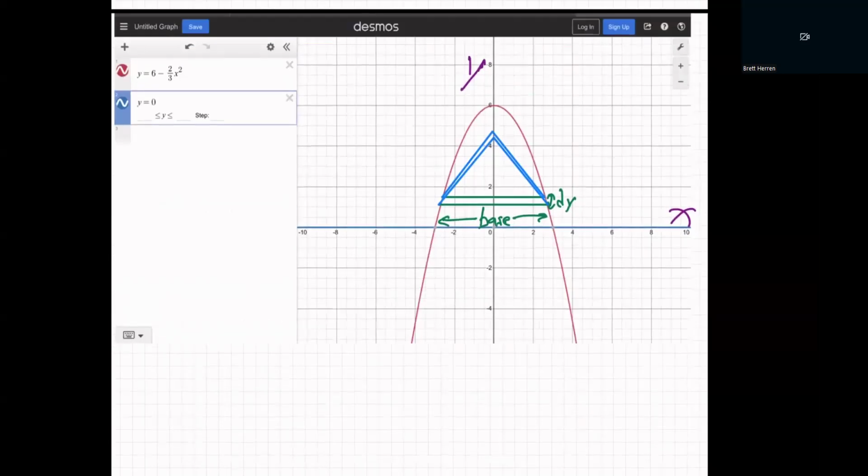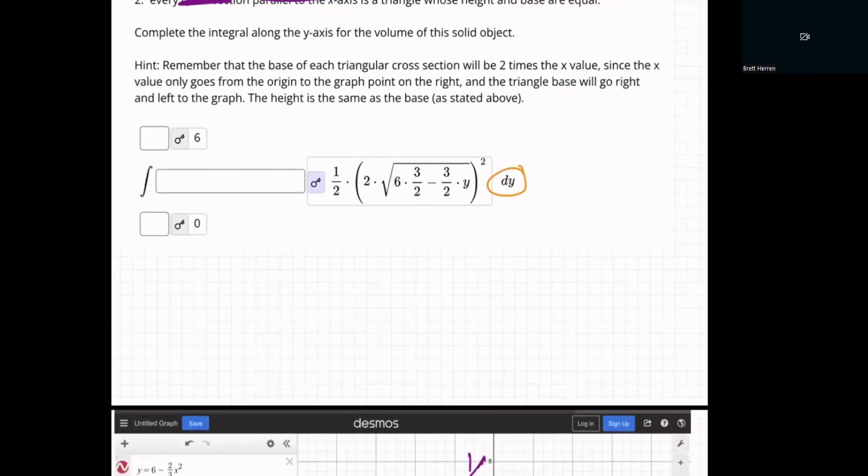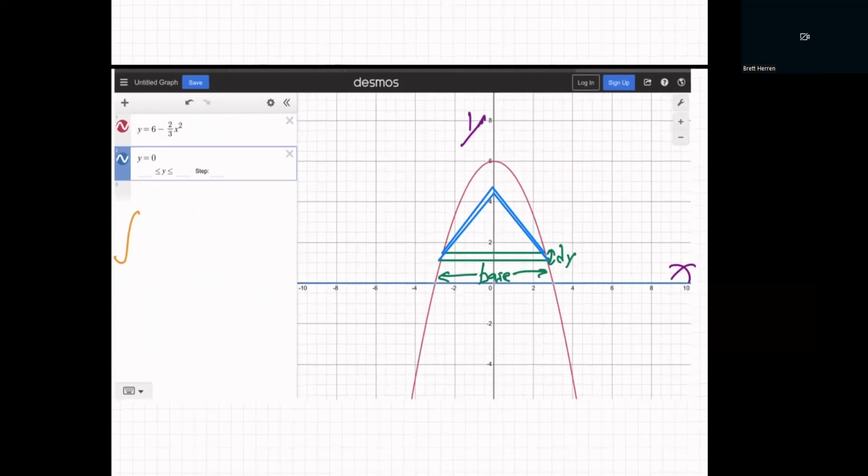I've got my triangles there. So how are we going to set up this integral? Well, we're going to integrate from where to where? Well, remember our integral is a dy. We're going up the y-axis, right? So it's going to go from 0 to 6. See how we're starting at 0 on the y-axis and ending at 6 from our Desmos graph? And each of those, this is a volume, remember.